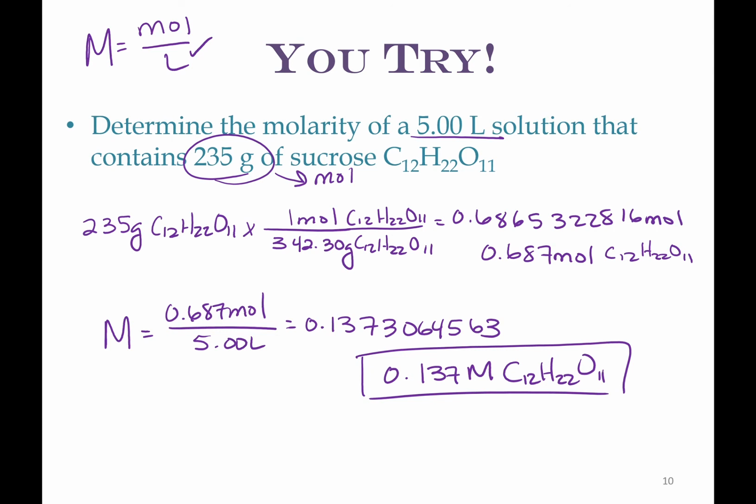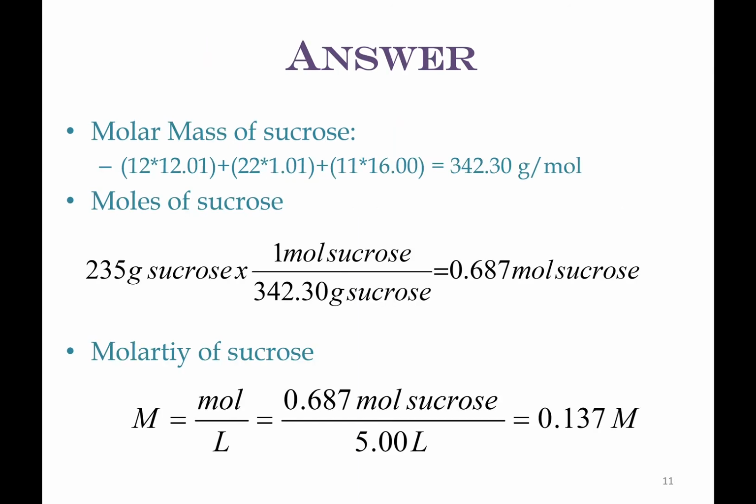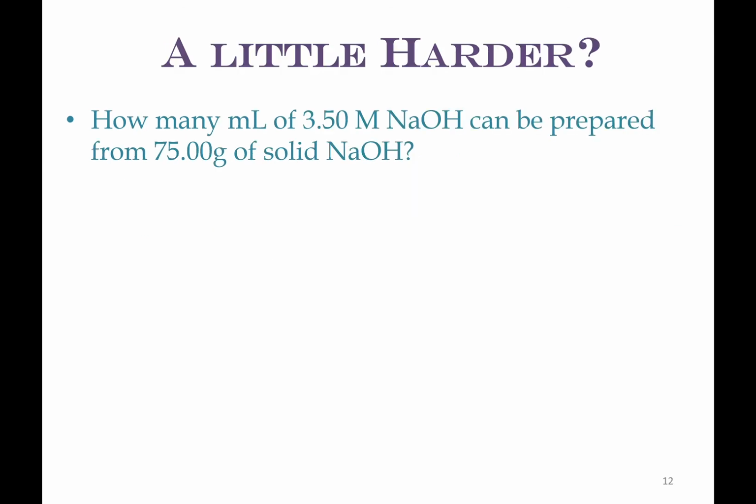All right, good. So here's the answer within the PowerPoint, because I've got to click through anyway. How many milliliters of 3.50 molar sodium hydroxide can be prepared from 75 grams of solid NaOH? Molarity equals moles over liters. We have a 3.50 molar sodium hydroxide solution, so we have molarity.